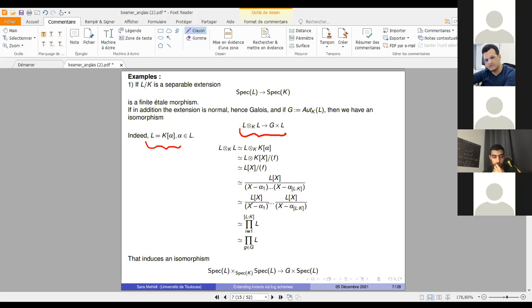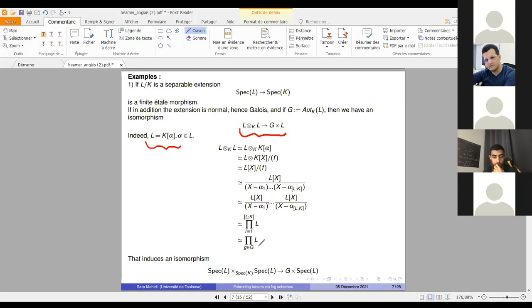Now L[X] over (X minus alpha_i), every element here is isomorphic to L. So I have copies of L. The number of copies is the degree of the extension. And here, since the extension is Galois, the degree of the extension is equal to the order of G, the order of the Galois group.